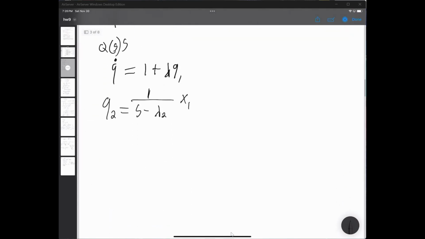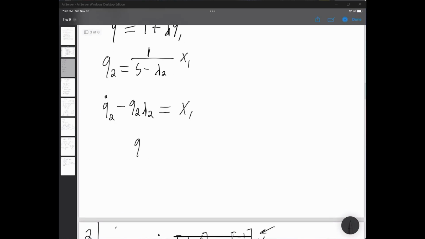And then we're going to multiply over. We're going to get Q bar 2 minus Q2 lambda 2 is equal to x1. So we get Q bar 2 is equal to Q2 lambda 2 plus x1.